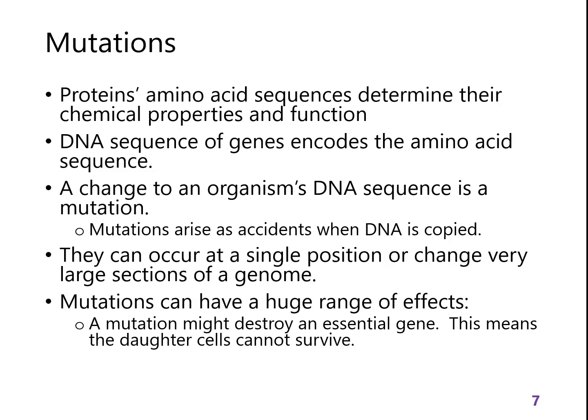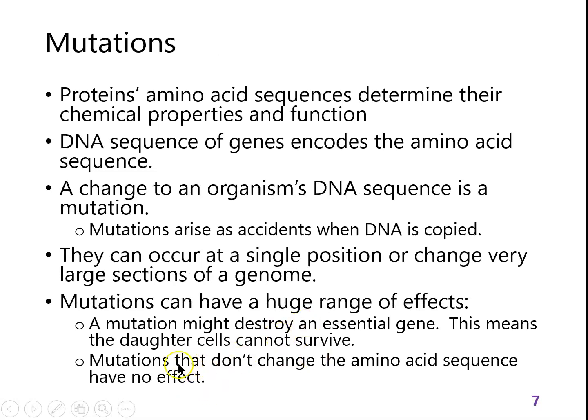So the most severe kind of mutation is going to kill the daughter cells. So when the daughter cells are made, they can't survive. That's severe. But there are other mutations that don't change the amino acid sequence at all. So we'll see some examples of that.